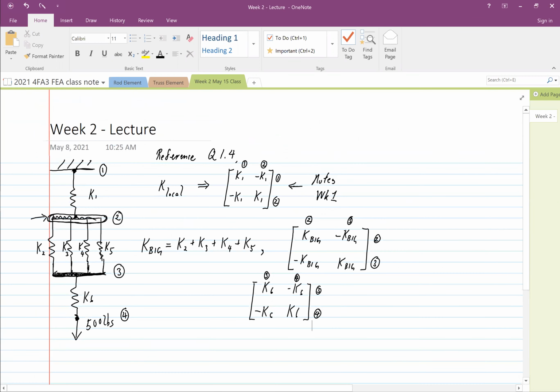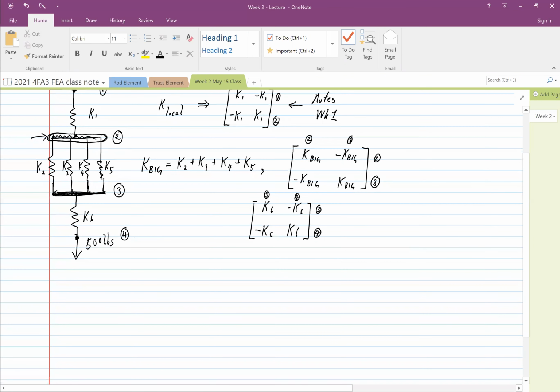Now we have all the elements. Let's put them together. Okay, guys, tell me, what is the size of the global matrix in this case? 4 by 4. Correct, it would be 4 by 4. Okay, for the global matrix will be nodes 1, 2, 3, 4, and 1, 2, 3, 4.